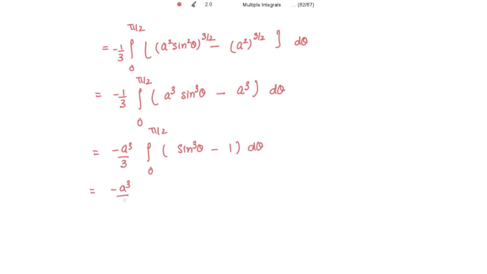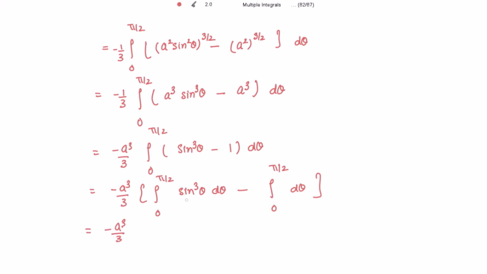Because I want to use the reduction formula, I'm separating this: integral of sine cube theta d theta minus integral 0 to pi by 2 of d theta, all multiplied by minus a cube over 3.